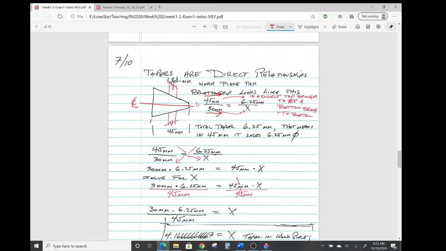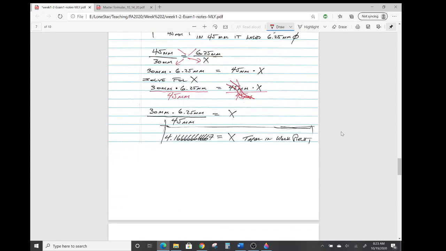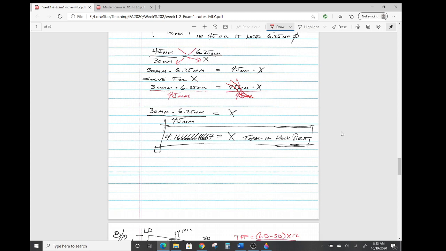So we take 30 millimeters times 6.25 millimeters, divide this side by 45, we divide this side by 45. The 45s go away. It disappears on this side. It's magic. That leaves us with x equals 30 millimeters times 6.25 divided by 45. Get your calculator out, or your abacus, or your slide rule, or whatever you're using.